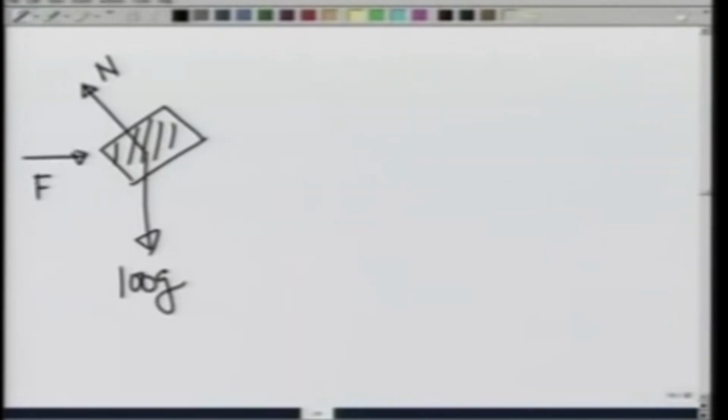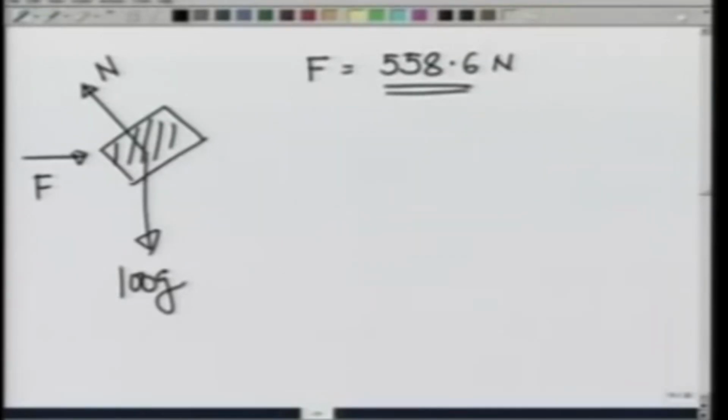So let me make this block again: 100 g, normal reaction, the force F. If F is equal to 558.6 newtons, the block is in equilibrium and the frictional force is 0. I can say that because with this I don't need any frictional force to have the block in equilibrium.